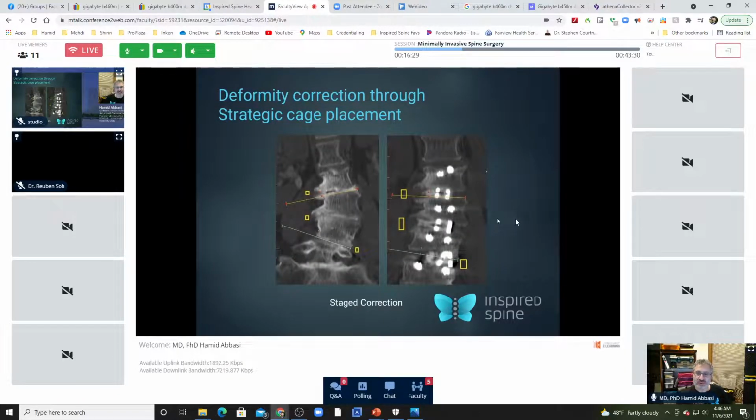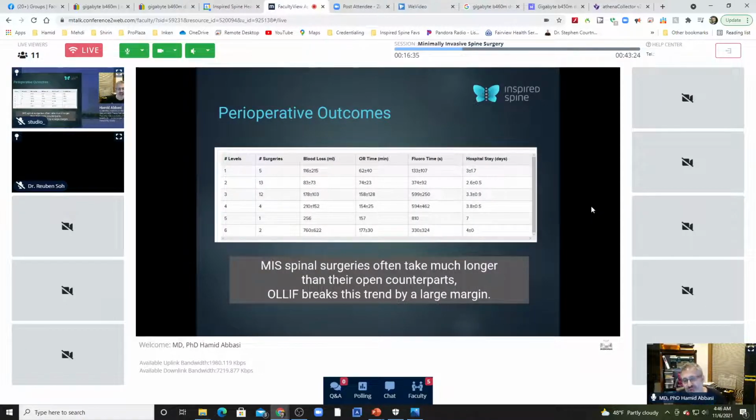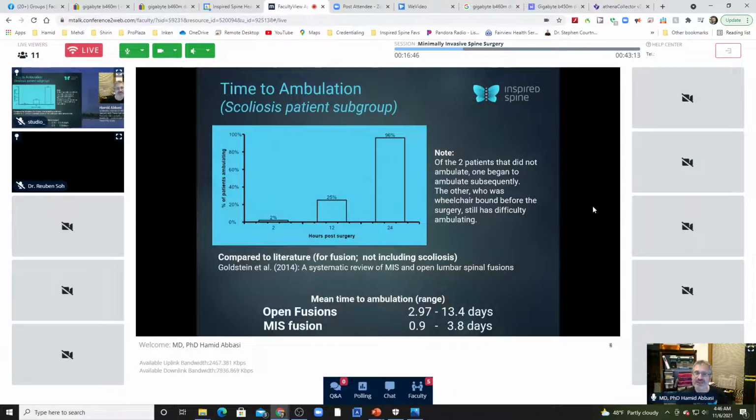And here you see the osteophytes that are elevated, and that we have shown that we can correct 3 to 7 degrees per level. In most of the cases, about 5 to 6 degree correction could be achieved with every single cage placement. We could show that our patients ambulate, as a matter of fact, 96% of them within the first 24 hours. For that reason as well, the vast majority of our patients are discharged within the first day.